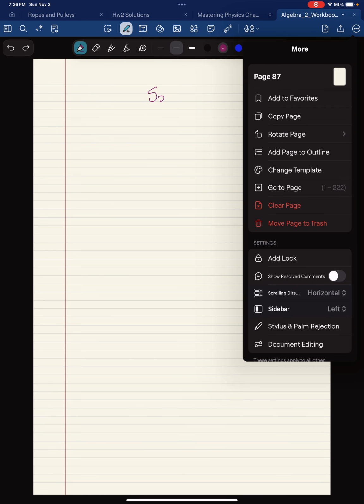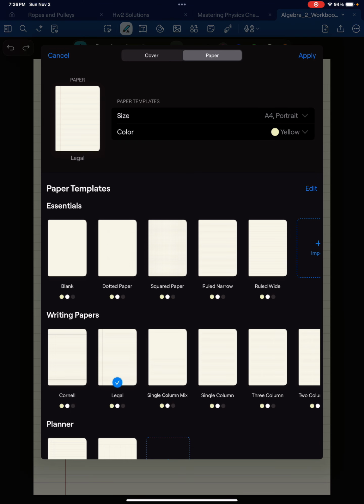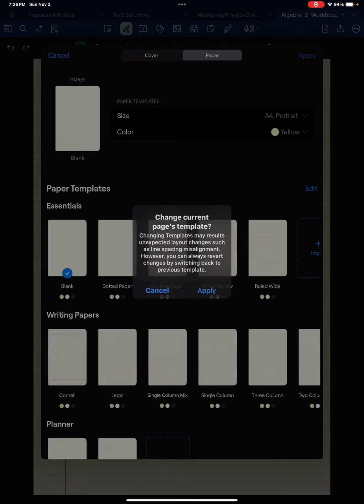Yes, so my equations, I believe, are 5x minus 3y equals 23, and then I have 2x plus y equals 7.